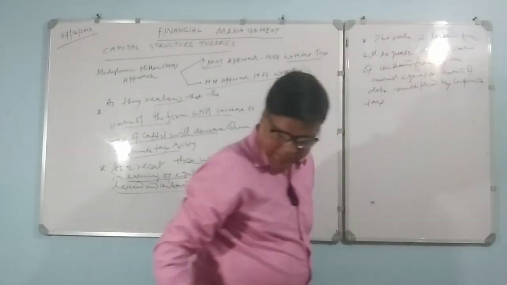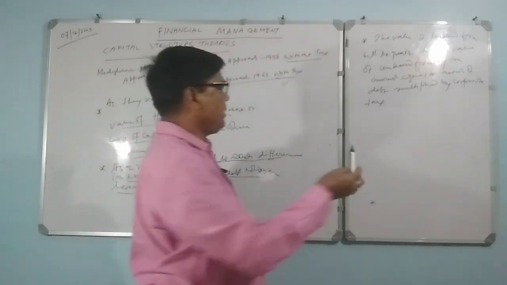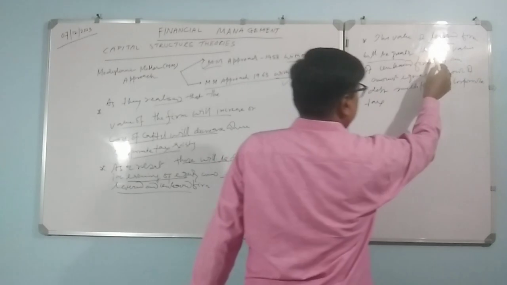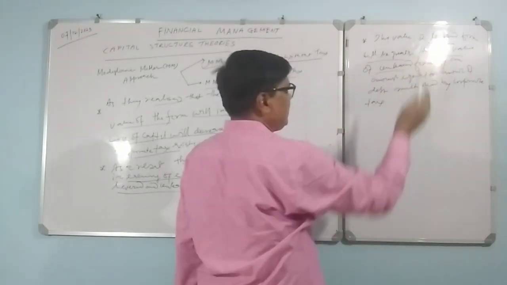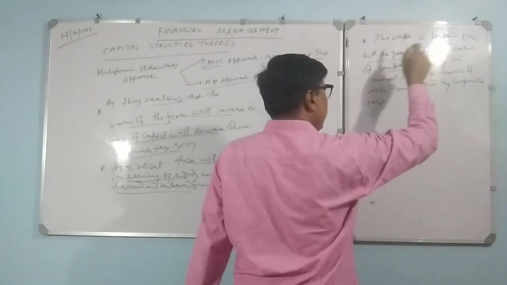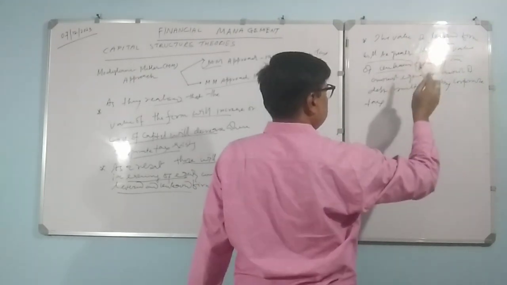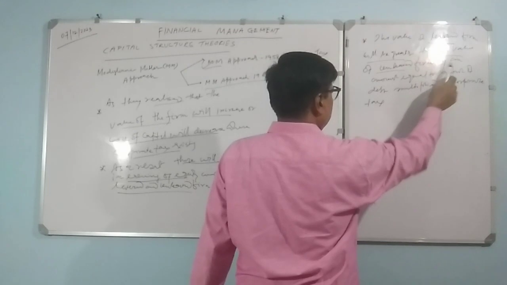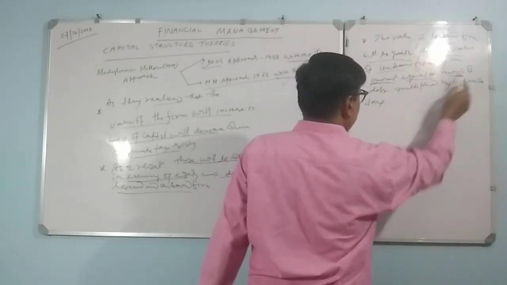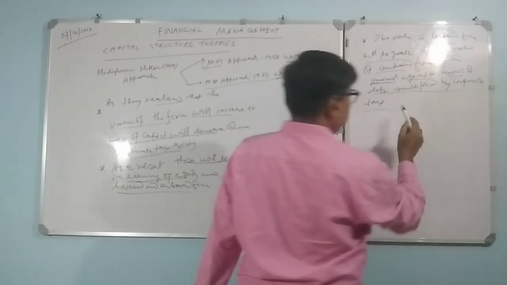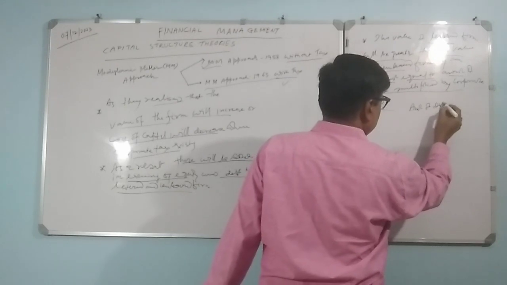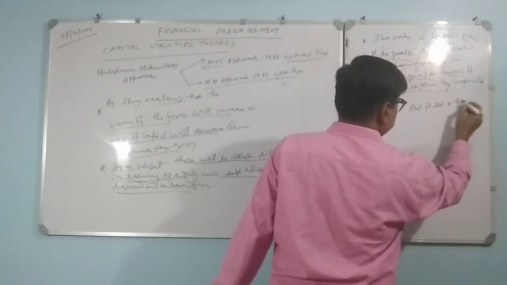So what they are telling here, you see that the value of a levered firm will be greater than the value of an unlevered firm. That is, where there is debt in the capital structure, that value will increase for those firms in comparison to an unlevered firm by an amount. Which amount? Equal to the amount of debt multiplied by corporate tax. That means amount of debt into corporate tax.